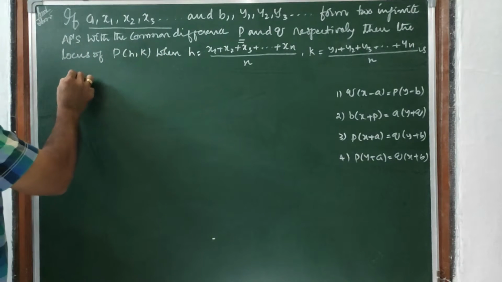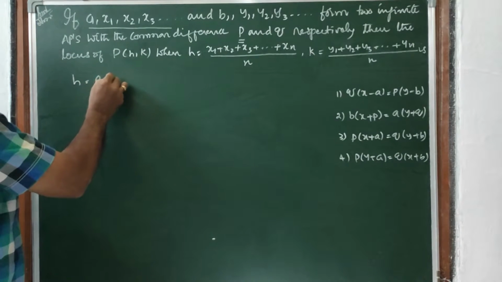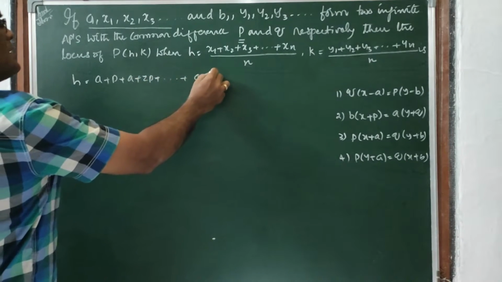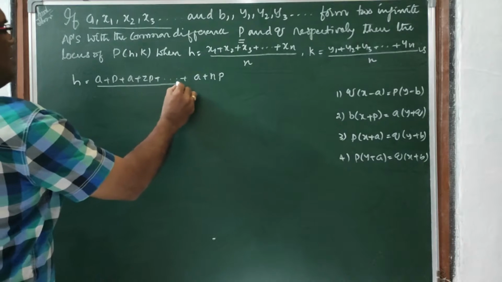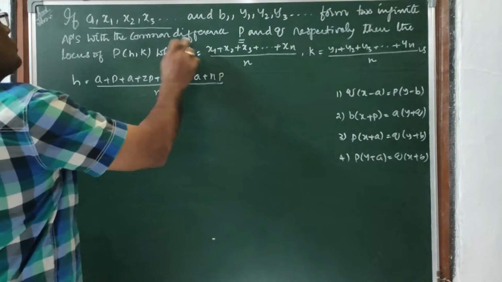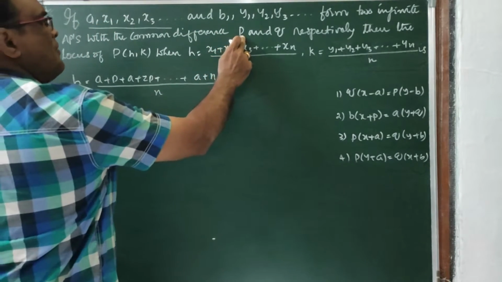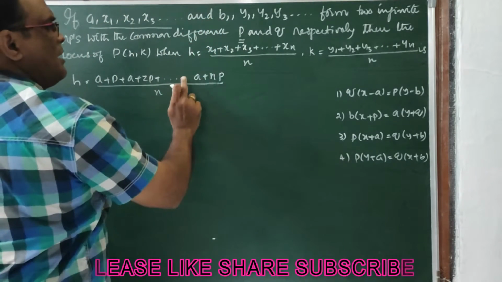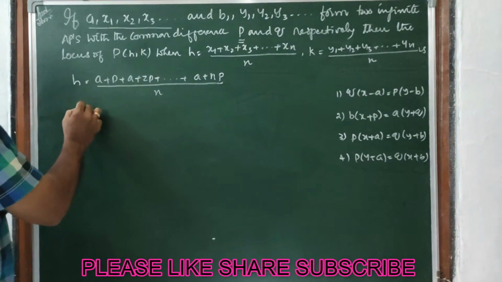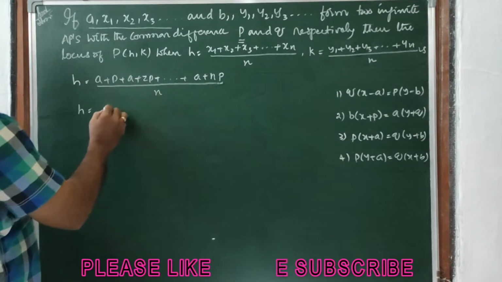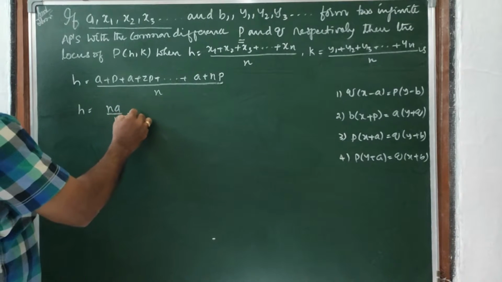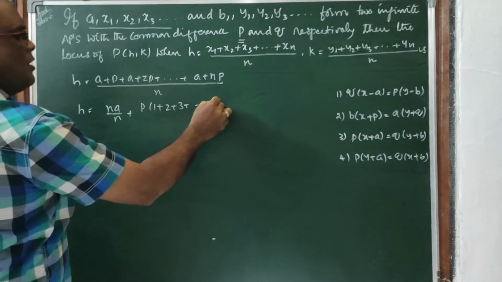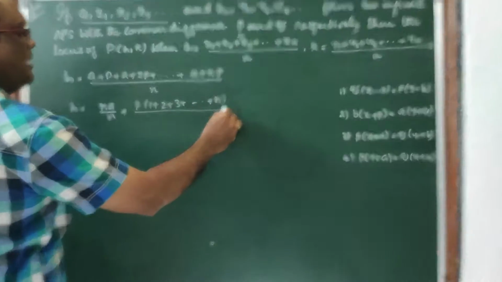So you have h is equal to (x1 is a plus p, a plus 2p, and so on up to a plus np) by n, because x1 is a plus p because of the common difference, x2 a plus 2p, x3 a plus 3p, xn a plus np. If you take a, we have na by n plus, if you take p as common, 1 plus 2 plus 3 and so on plus n, by n.